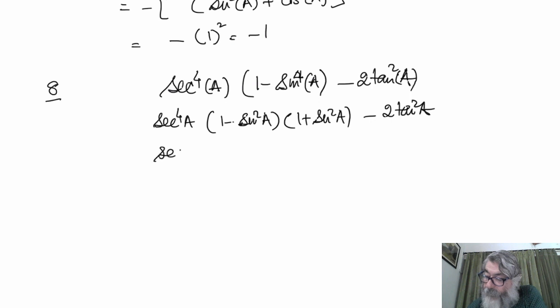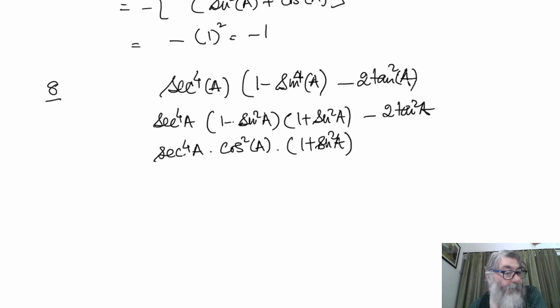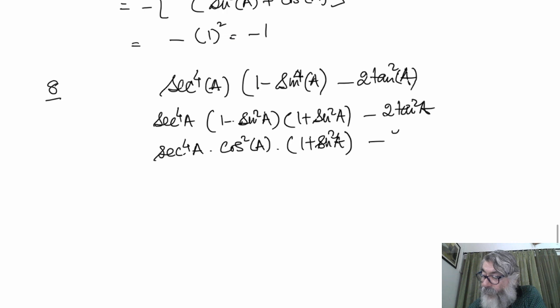Sec 4a. It will become how much? 1 minus sine square a will become cos square a. 1 plus sine square a, and here it is what? Minus 2 tan square a.